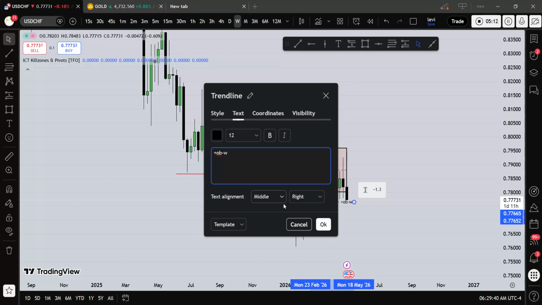Weekly order blocks tend to be respected so much, or at least have a reaction when the market gets there. 80% of the time, assuming we are bearish and the market is very bearish, it can only go through it if there is, let me say, a monthly or 3 week point at which it's trying to get to. Do you understand? Or a move from a higher time frame above the weekly that it's trying to fulfill.